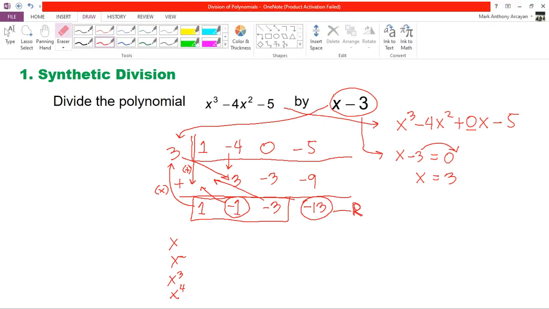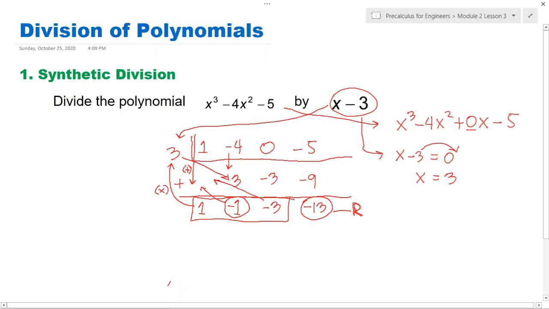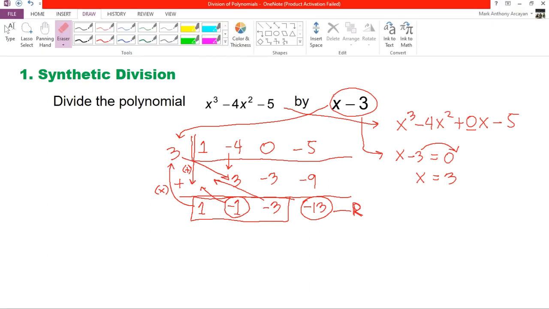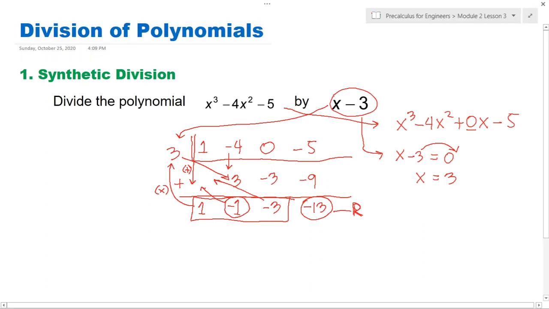When you divide, your exponent is lower than your dividend's. Therefore, if your dividend is in the third power, your answer should be less than that power, 1 less compared with that power. So the exponent here is x squared. For the first term, our coefficient is 1, since it says 1 here.